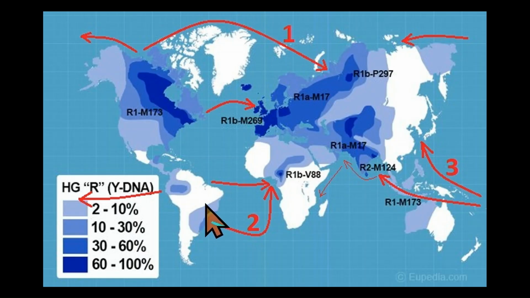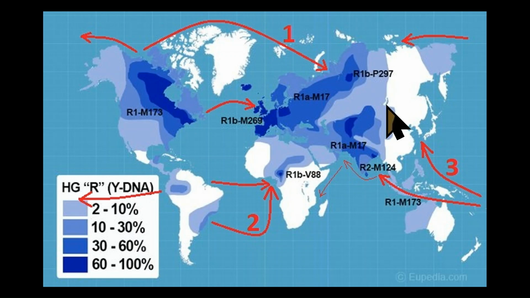So the Native Americans with Q, which is the majority, are not the descendants of these R1 fossils found and called ancient North Eurasians, that lived but went extinct over 20,000 years ago.